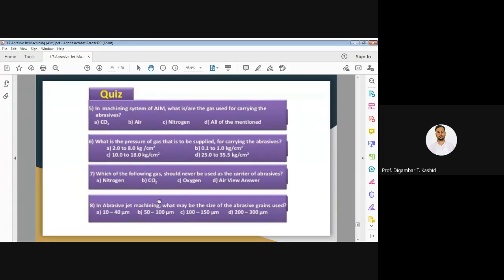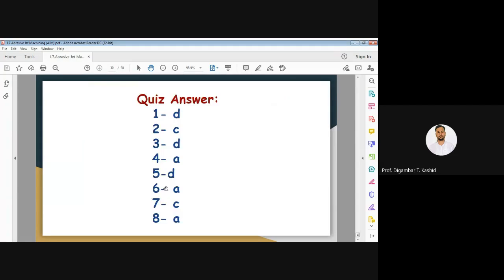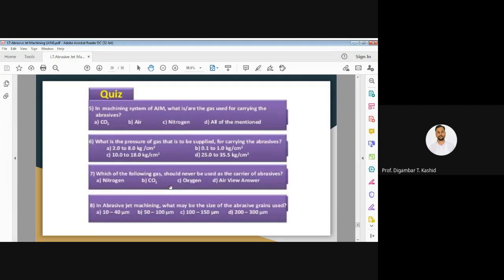But again, this value may change with respect to the type of work, sir, or again with respect to which type of machining operation you need to carry out. Okay. So this is about our abrasive machining.